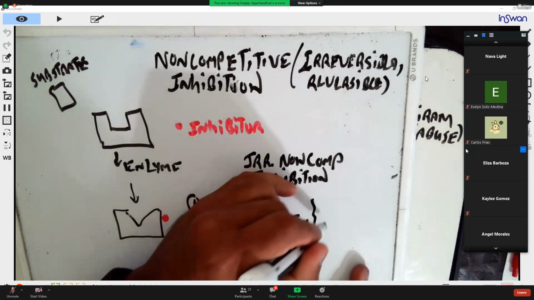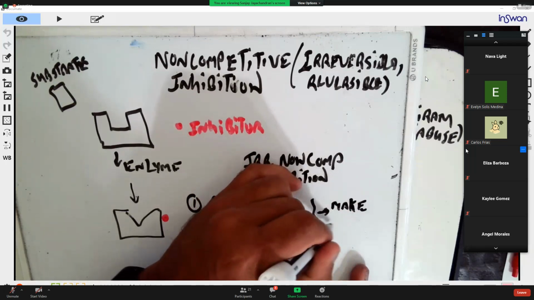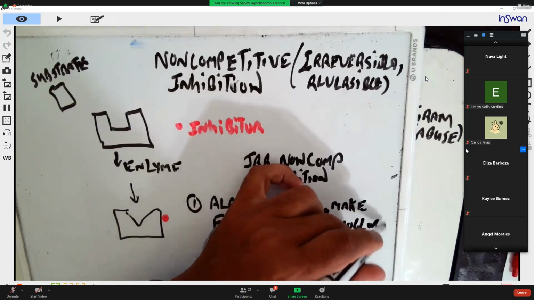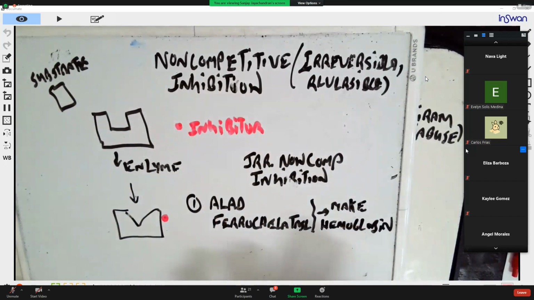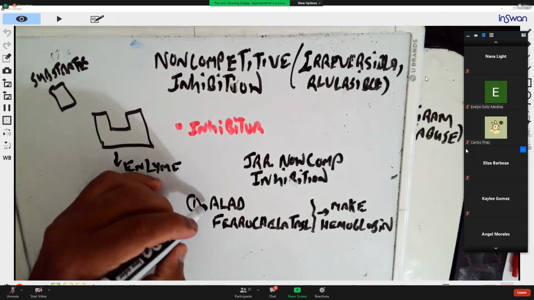Both of them are used to make hemoglobin. So remember, hemoglobin is an important protein in your blood that transports oxygen. Okay, so that's what both these enzymes help to do.